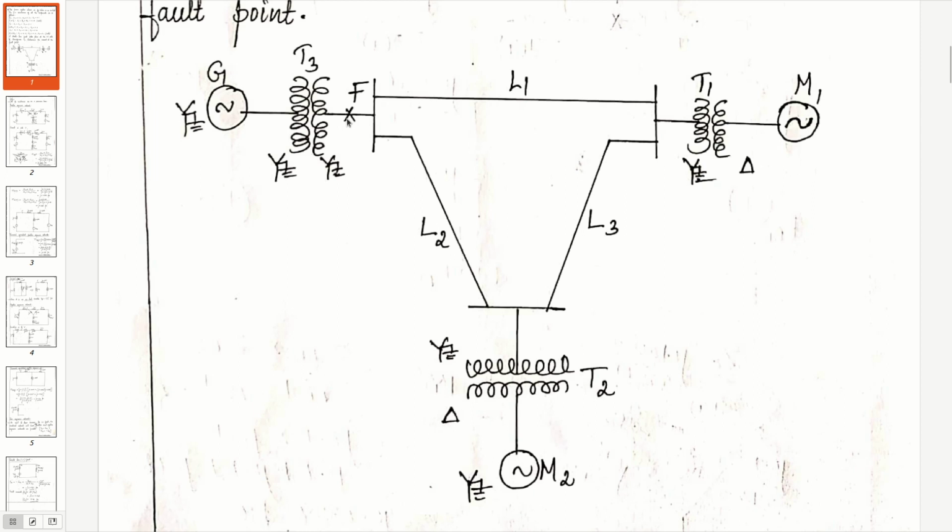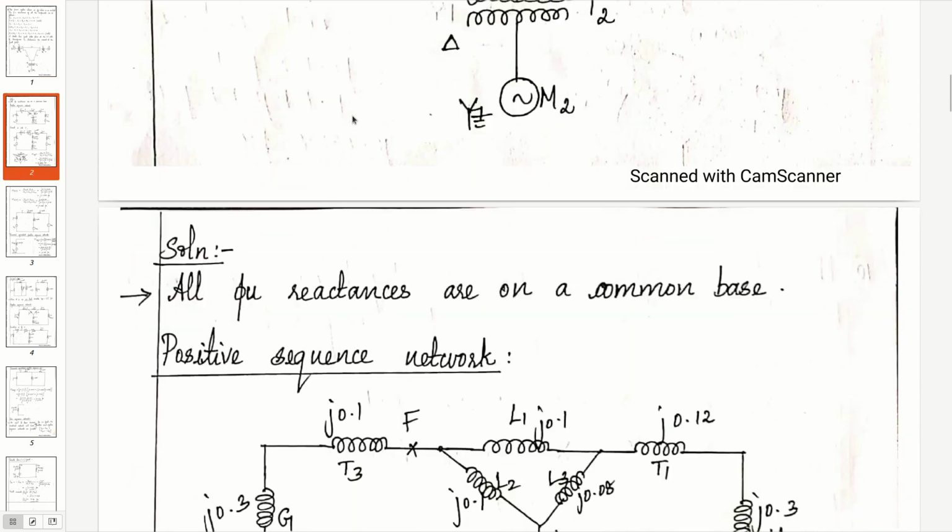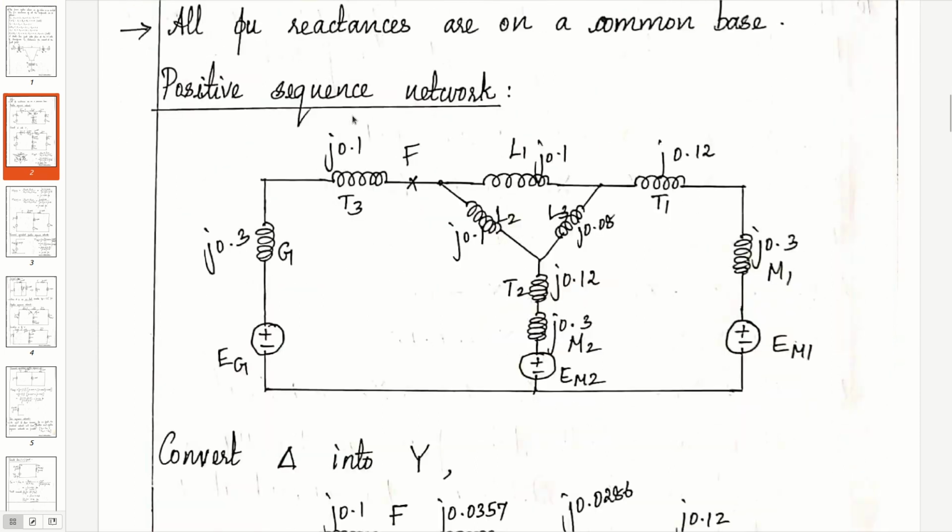The LL fault occurs at the high tension side of the transformer T3, and the fault point is denoted as F. Given that all the reactances are in per unit and the machine ratings are not given, we consider that the given per unit reactances are with respect to a common base. So there is no need to find new per unit values. Directly we will start with drawing the sequence networks.